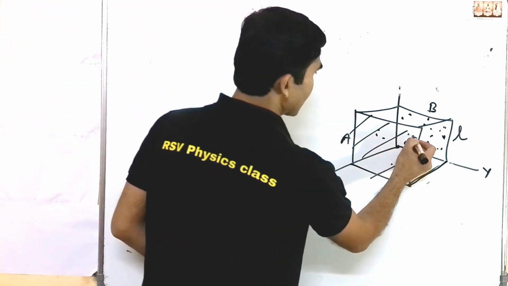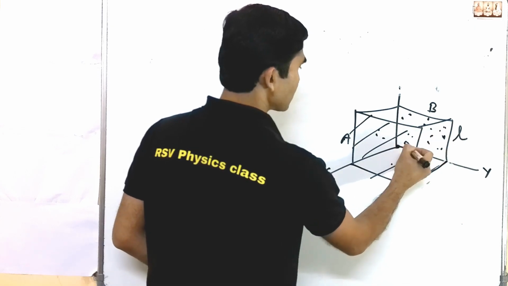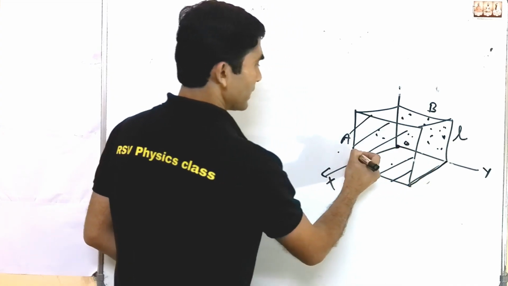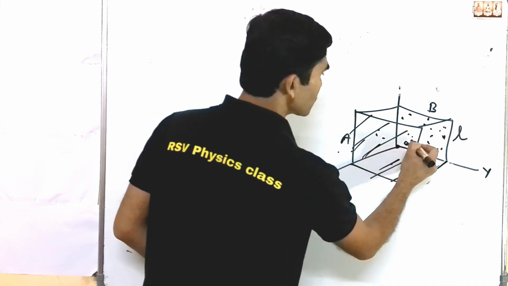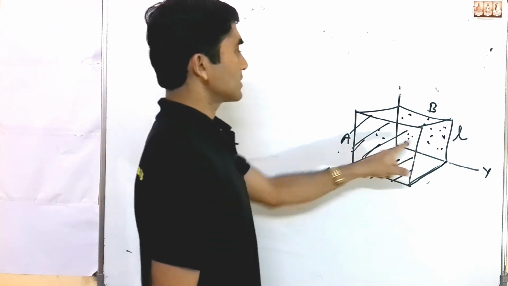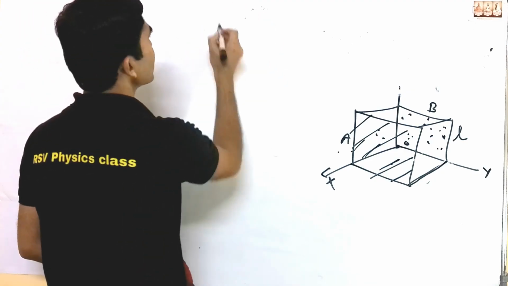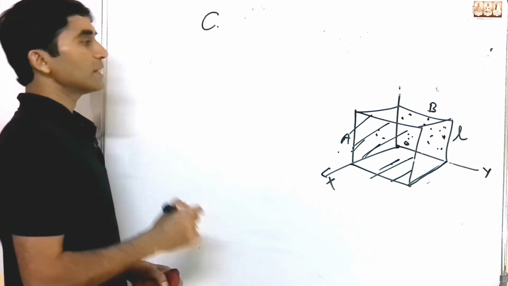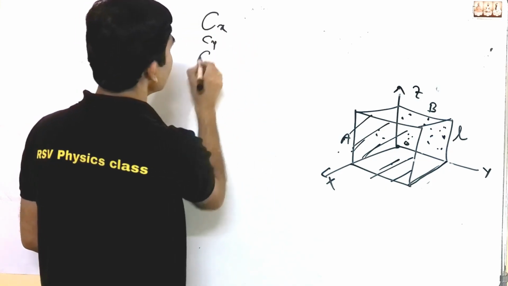Let's consider a gas molecule just after the B surface, starting from the origin, going towards the A surface and colliding with the A wall elastically, and then going back to its origin. These gas molecules have a speed c, and its components in the x, y, and z directions are cx, cy, cz.